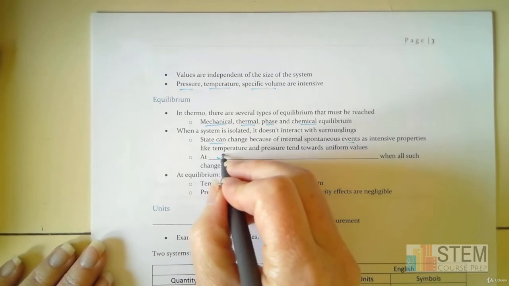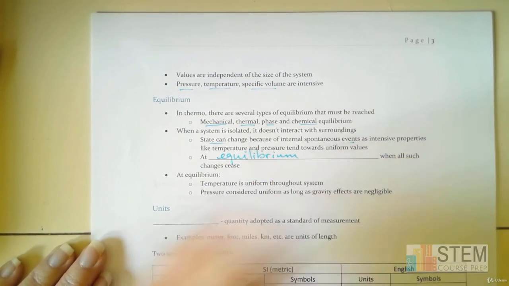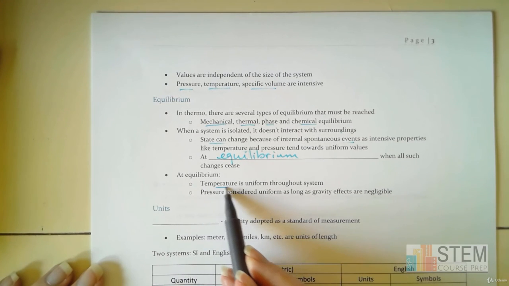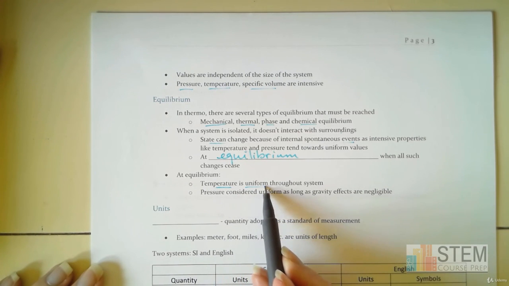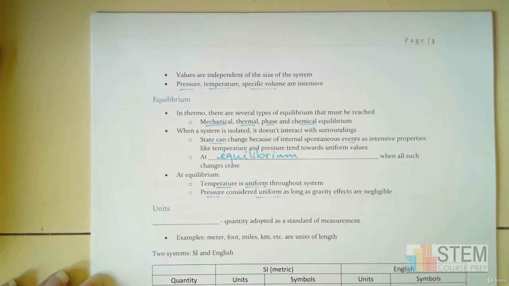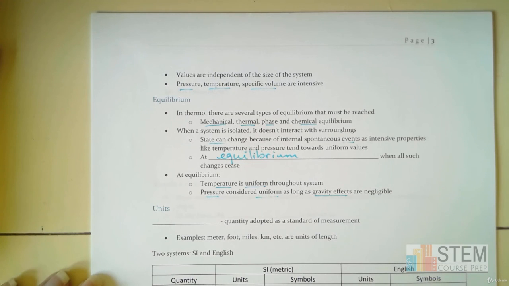So at equilibrium, all of those changes are going to stop. The temperature and pressure have reached uniform values, so all of the internal events stop happening. Then we say we're in equilibrium. So we're going to assume temperature is uniform throughout our system and that pressure is going to be uniform also, as long as gravity effects are negligible.